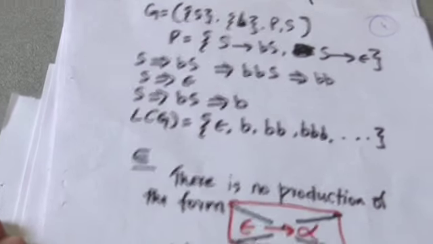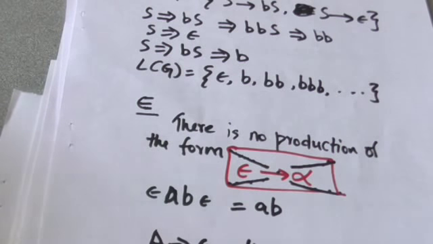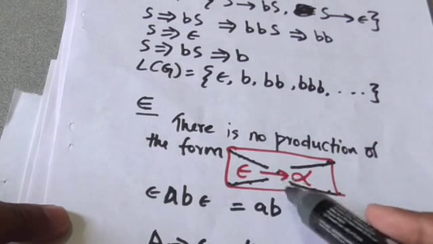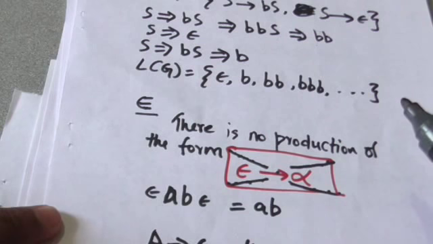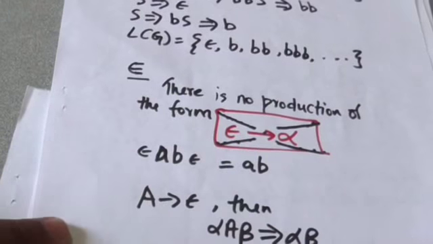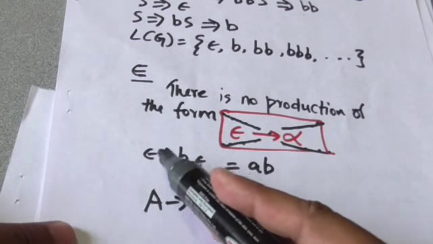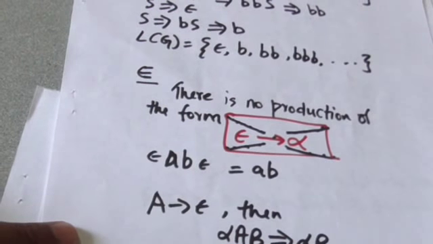Now see here this empty. It is a special symbol. It is not a variable because there is no production of this form: empty derives alpha, so it is not a variable. And it is not a terminal also, because it vanishes from the string. If there is a string empty a b empty, then it would be equal to ab.